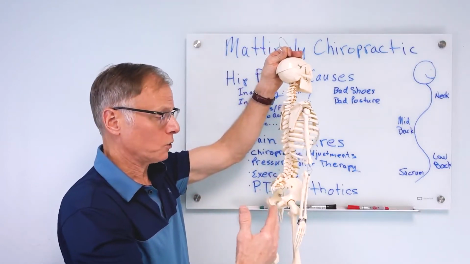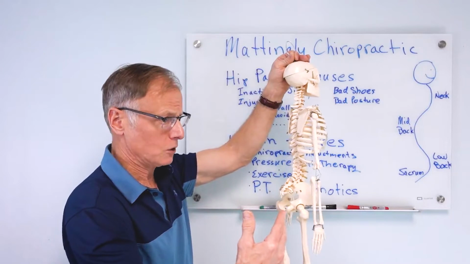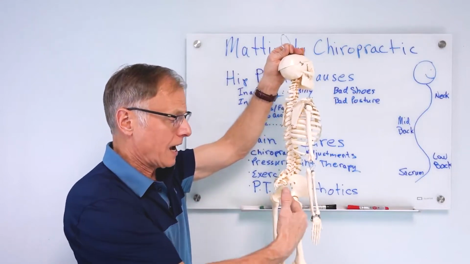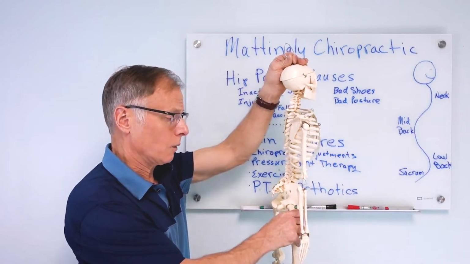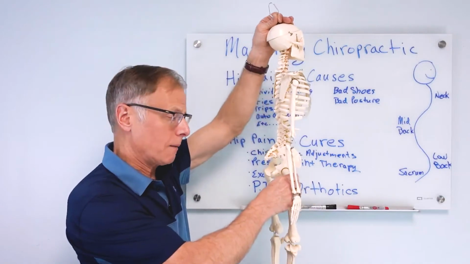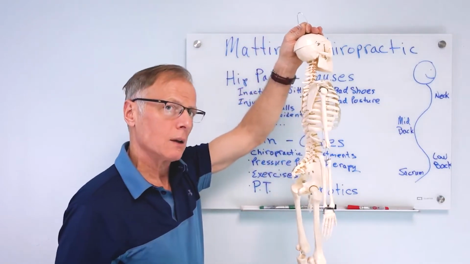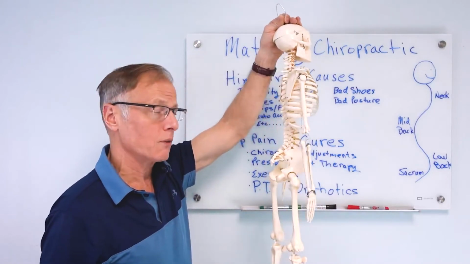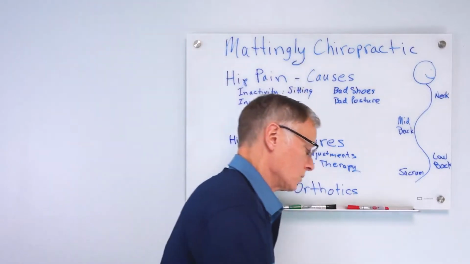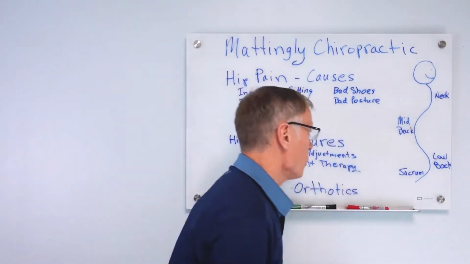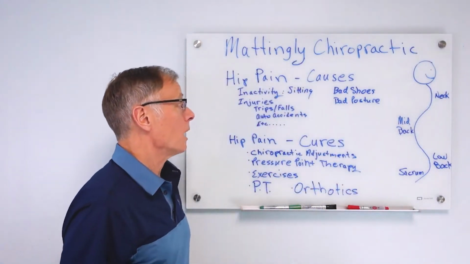I've treated a few patients over the years that had a side impact. Somebody hit them from the side, and of course that causes a lot of injury to that thigh. That was a hard injury to take care of in one patient I'm thinking of in particular. So those are various things that can cause some hip pain.